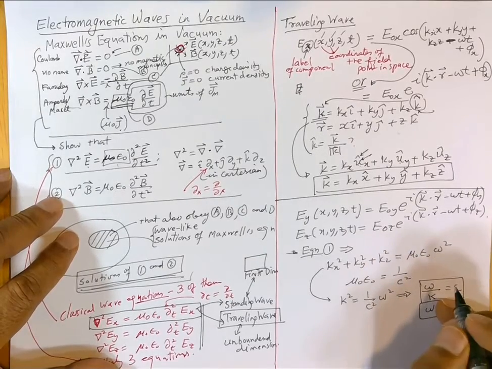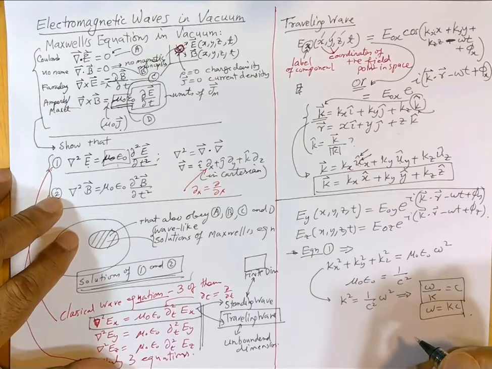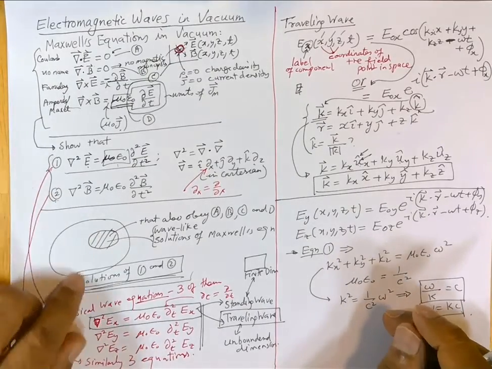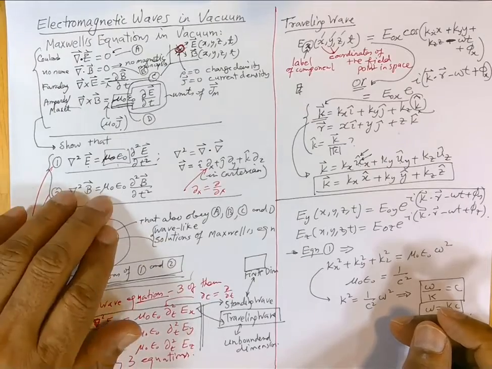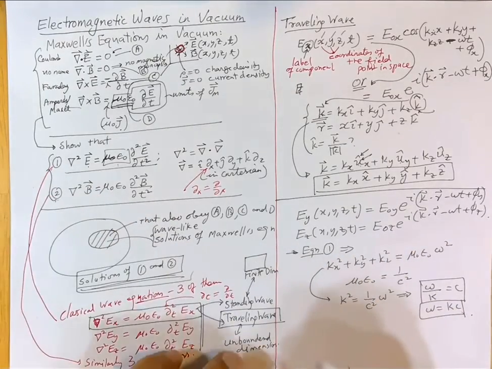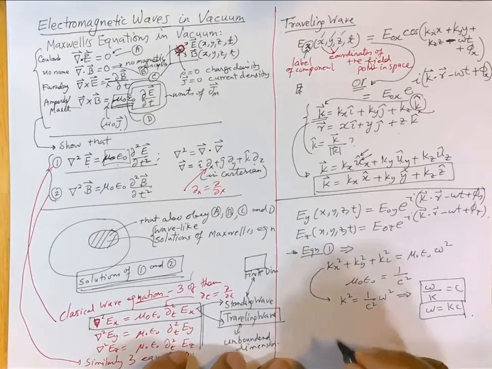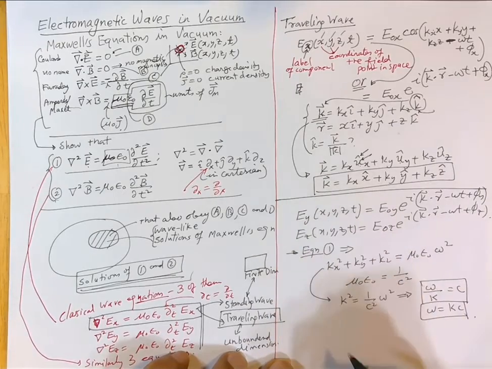So as long as this is the relationship, I have the solution. And there will be a similar solution for the B, for those 3 equations of B, but we don't need to work them out separately. Okay, so I've got these.